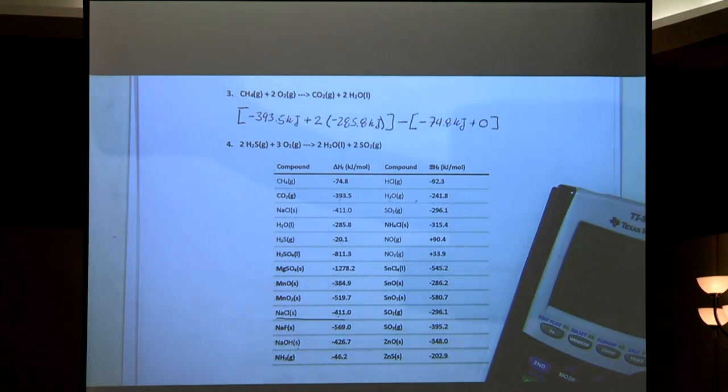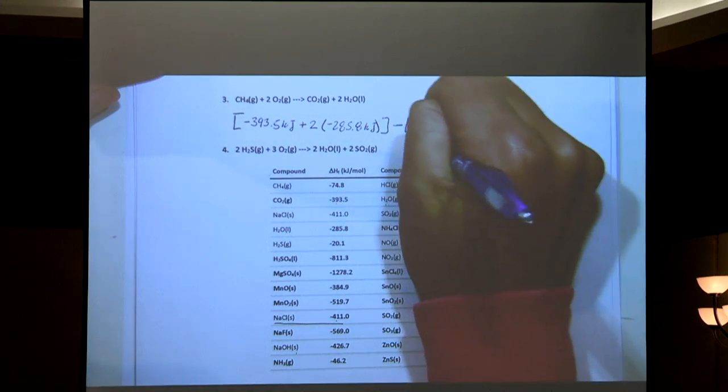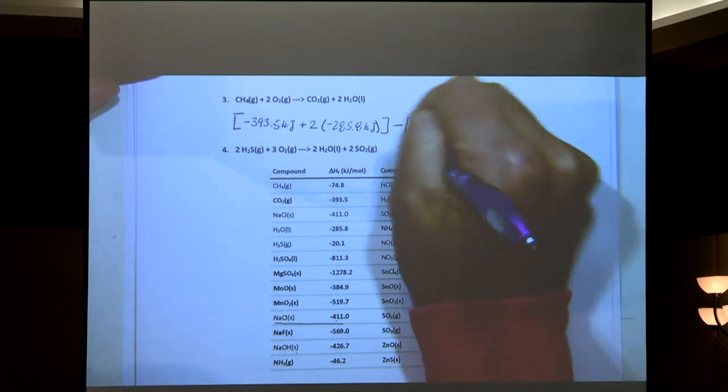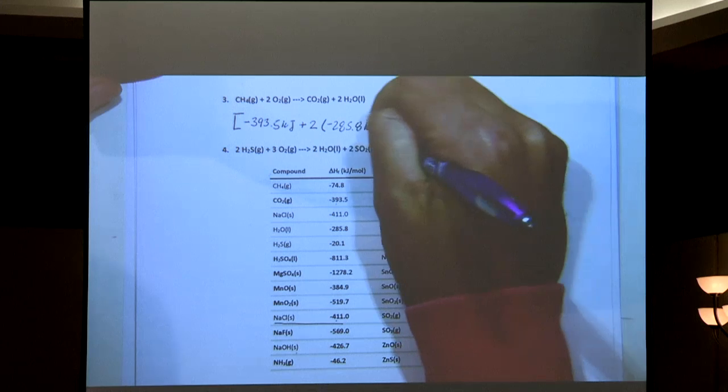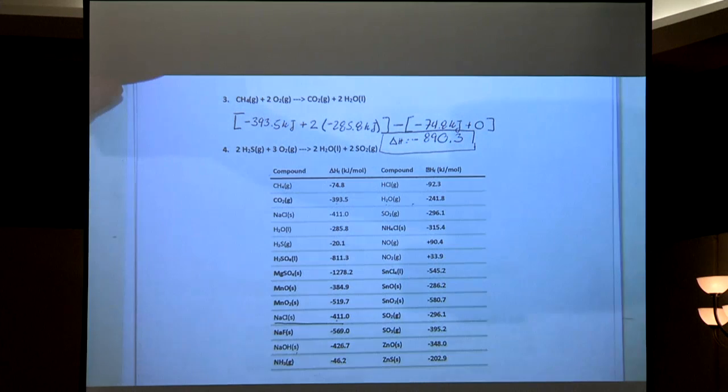So that's 393.5, minus 2 times. I get minus 890.3. Does everyone agree? Yes? Did other people get the same thing? Just want to make sure.